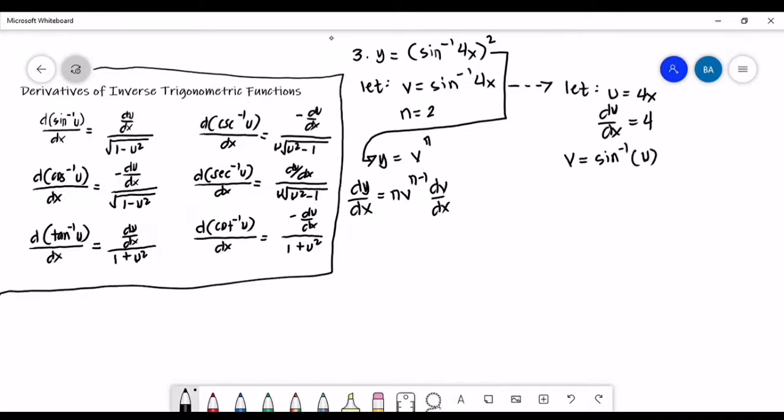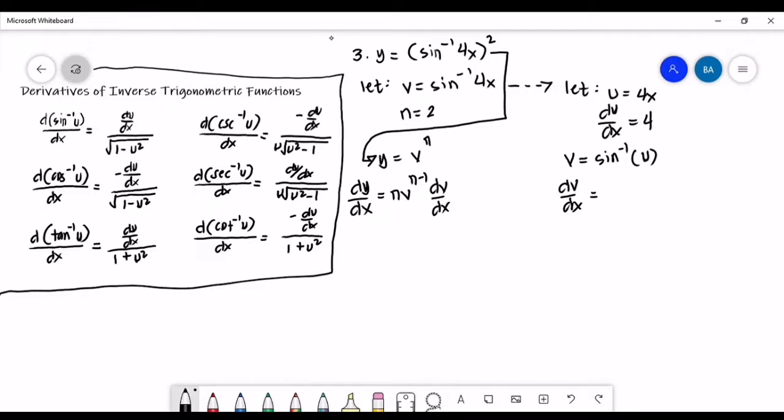To solve for dv dx, we are now involving the inverse trigonometric function, and we can use again the first equation here. The derivative of arc sine u is equal to du dx over the square root of 1 minus u squared.